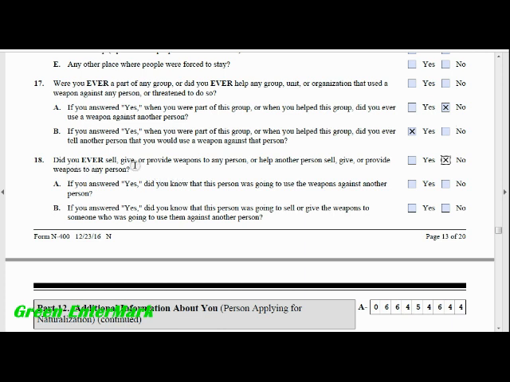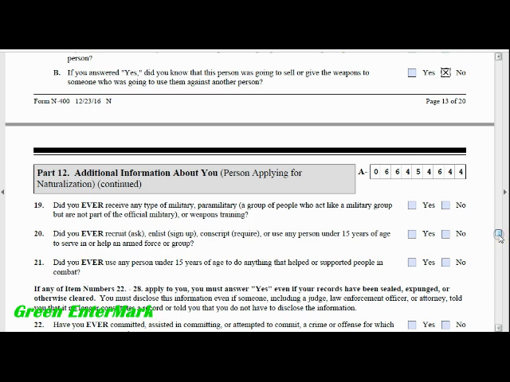Did you ever sell, give, or provide weapons to any person, or help another person sell, give, or provide weapons to any person? You have to mention yes or no. Okay, additional information about you. Did you ever receive any type of military, paramilitary, or weapons training?